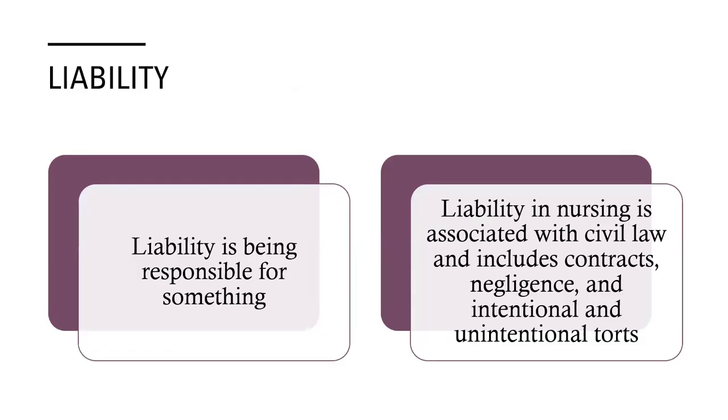Okay. So liability is being responsible for something. Liability in nursing is associated with civil law, and it includes contracts, negligence, and intentional and unintentional torts. Okay. So it's going to be so important that we put into practice all of those safety checks, those safety measures that are there. They're there to protect us.